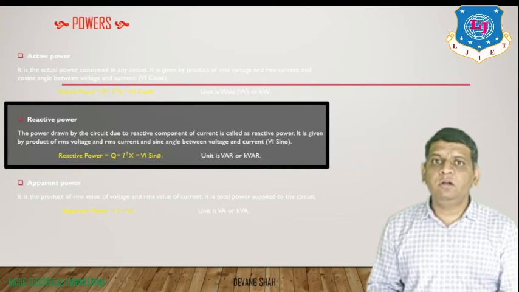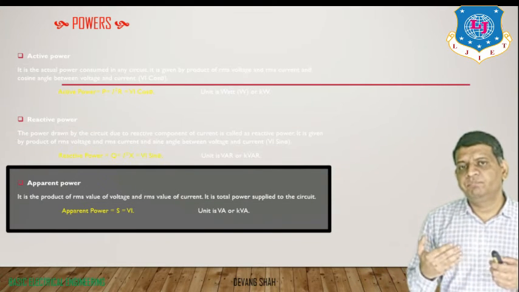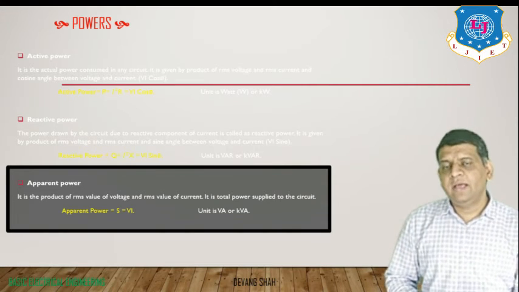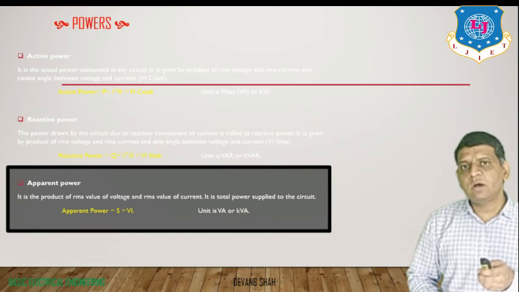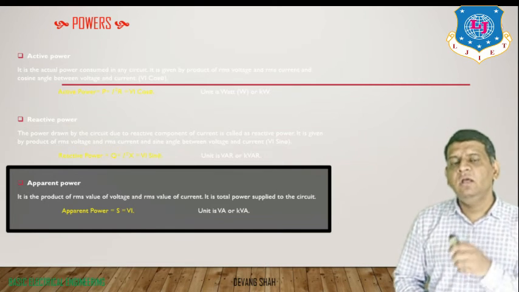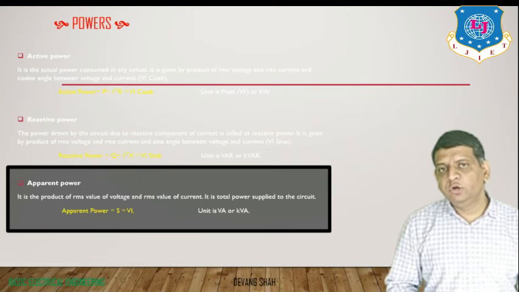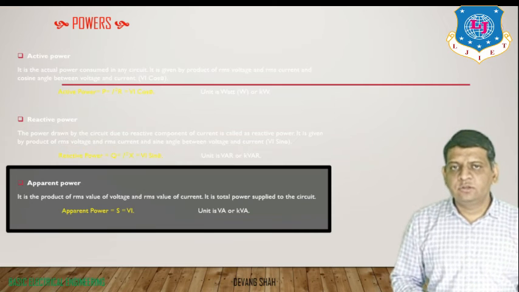In the same way, the apparent power is called the overall circuit power, and this is always because of the impedance of the circuit. So I can define this apparent power S is equal to V into I, right? And V is equal to I into Z, so the apparent power S is equal to I square into Z. Now the unit of this apparent power is defined as VA, volt-ampere, right?